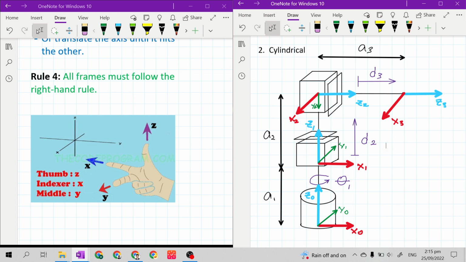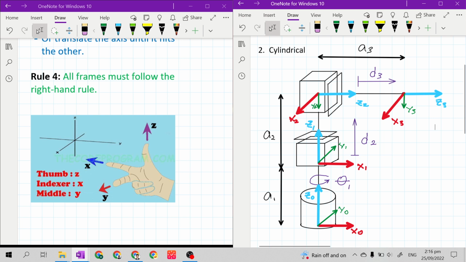So the y-axis is pointing to the bottom, to the ground. Okay, so this will be our y3.